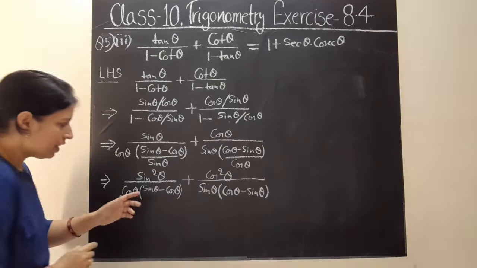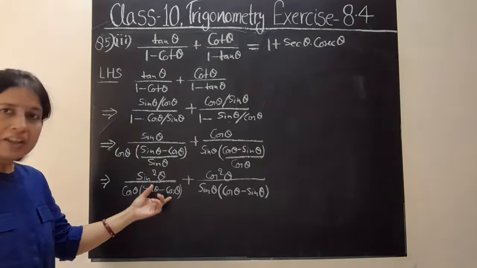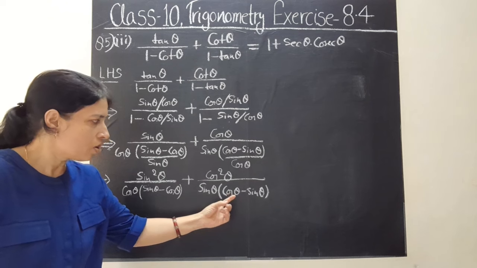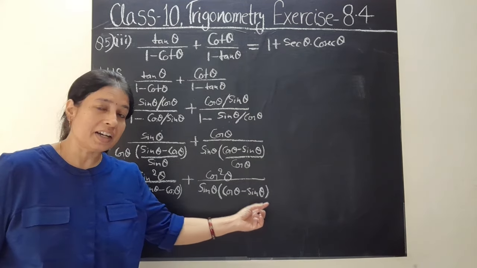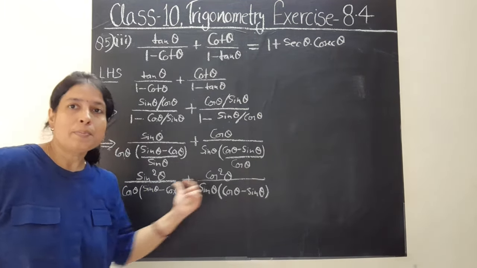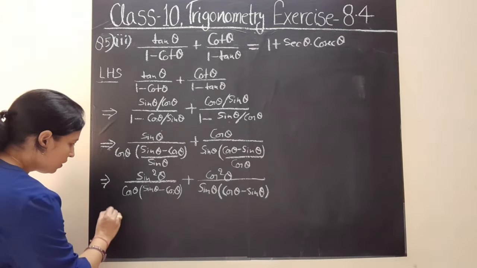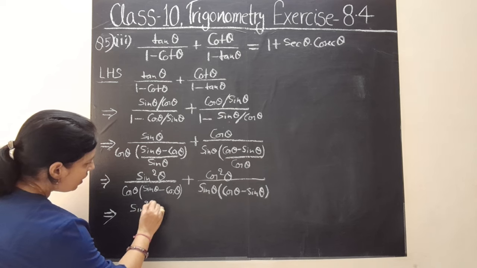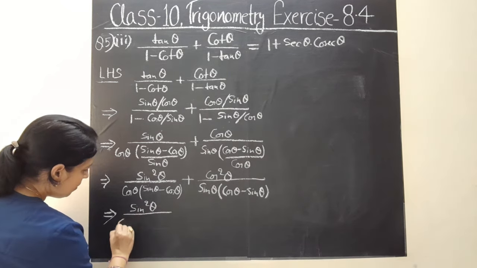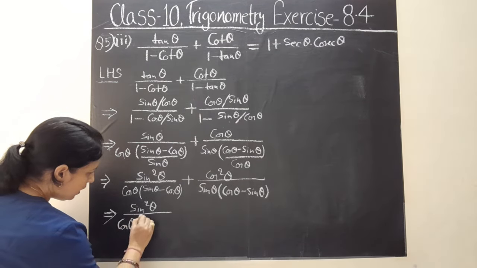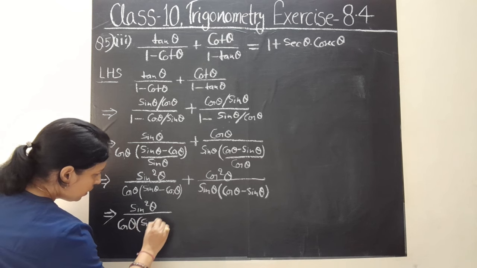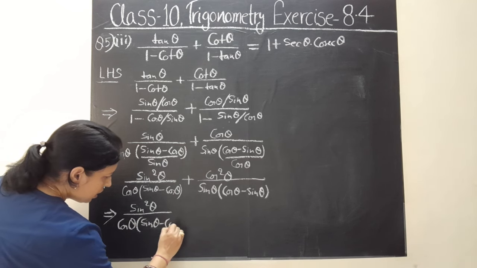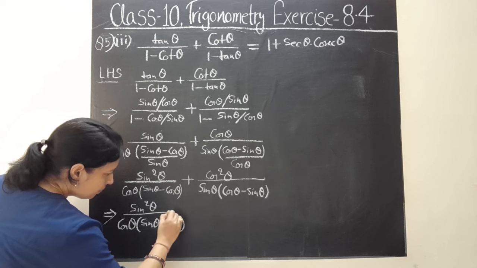Here you can see that here it is given sin theta minus cos theta and here it is cos theta minus sin theta. So we will take common minus. Okay. So we can write sin square theta divided by cos theta into sin theta minus cos theta.